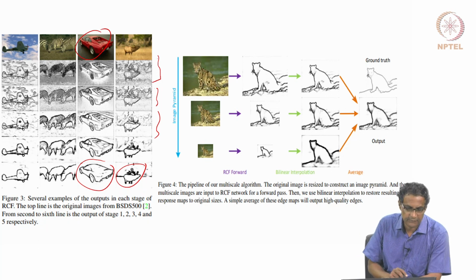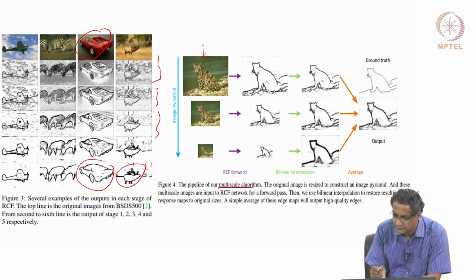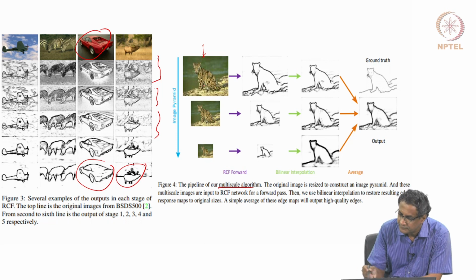But this is all coming from a ground truth anyway. So you are showing a ground truth edge map, and they also show this kind of multi-scale algorithm. What they mean by this is that if you gave this image at the original size, you have an output.